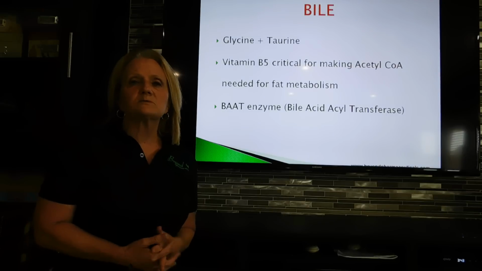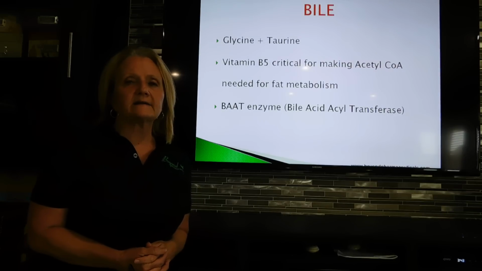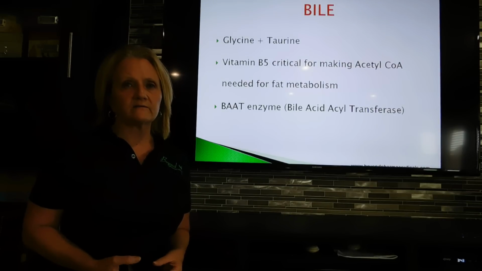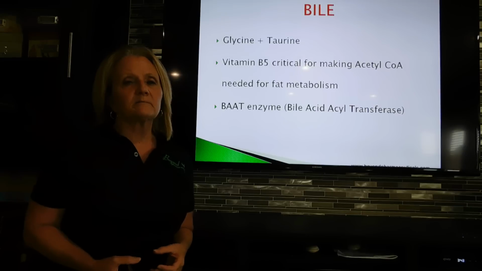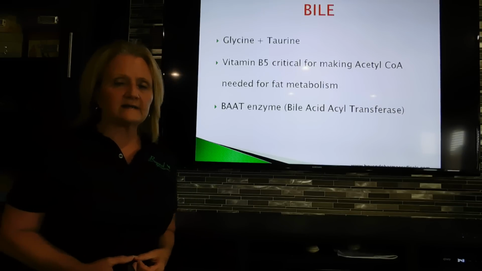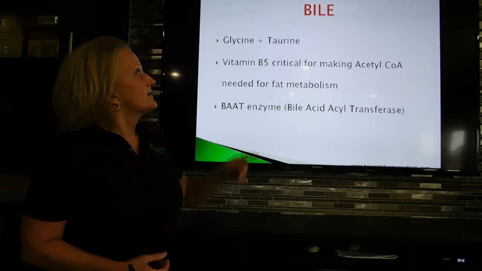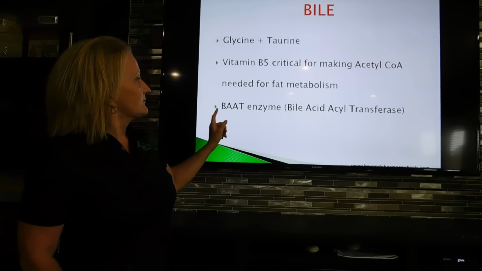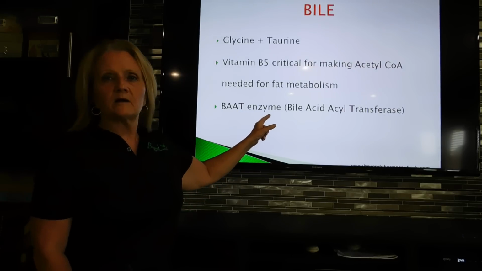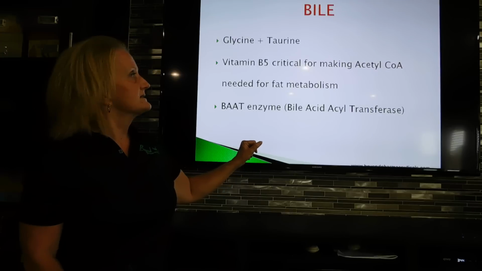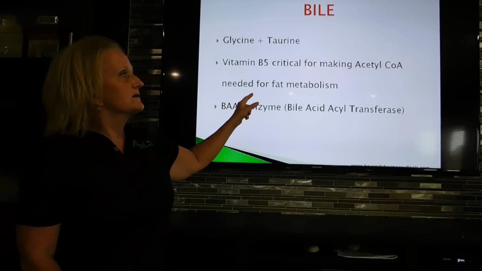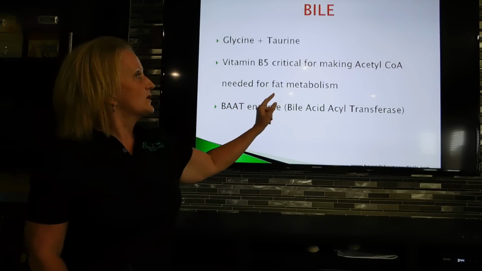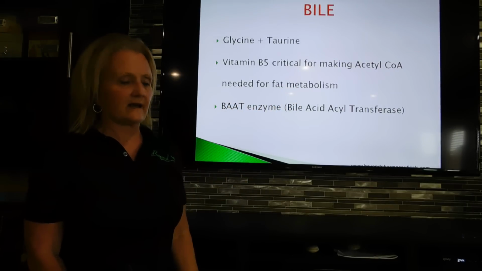So one of the reasons why fatty acids can be low is lack of absorption, and you need bile for absorbing fatty acids. Bile requires glycine and taurine to be combined, utilizing this enzyme called bile acid acetyltransferase. And B5 is very critical for providing the acetyl-CoA needed for this fat metabolism.